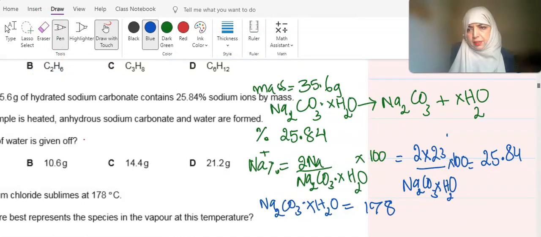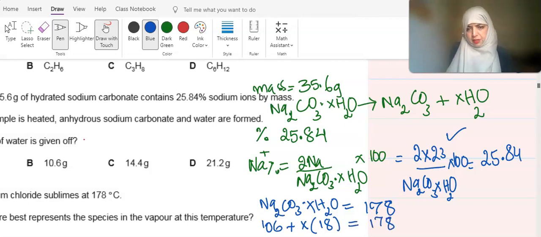So by doing this, you will find the molar mass of Na2CO3·XH2O, and the mass of Na2CO3 you already know. It is 106, plus you don't know about X, you know about water, its molar mass is 18, and you know the total of this.